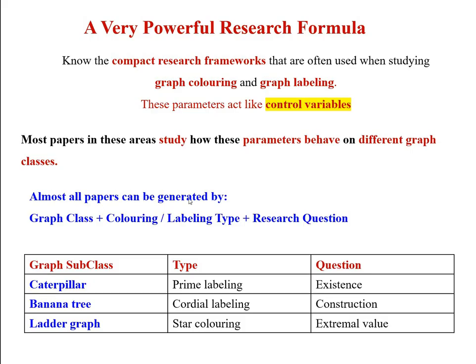Almost all papers can be generated by graph class plus coloring or labeling type plus research question. Based on the various research questions, you will have a lot of results. So you have graph subclass: caterpillar, banana, ladder; type: prime labeling, cardinal labeling, star coloring; and question: existence, construction, extremal value. Just we have summarized and given them here.